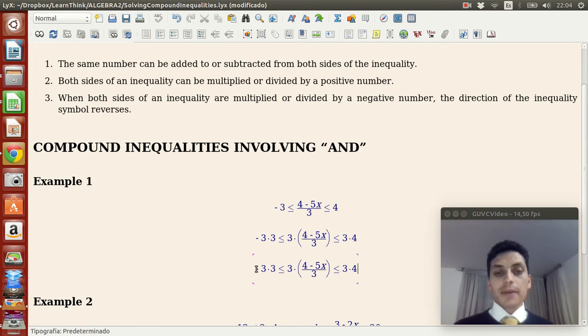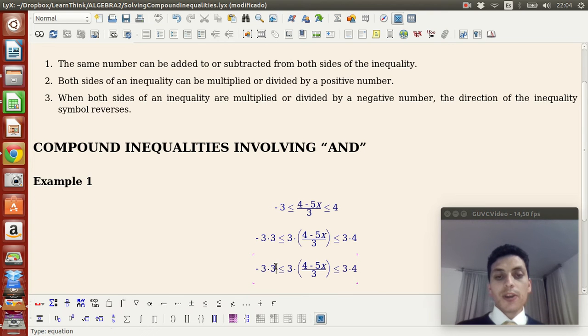Now multiply. Minus 3 times 3 is minus 9. This 3 is going to be simplified with the denominator here. So we have 4 minus 5x, less than or equal to 3 times 4, 12.